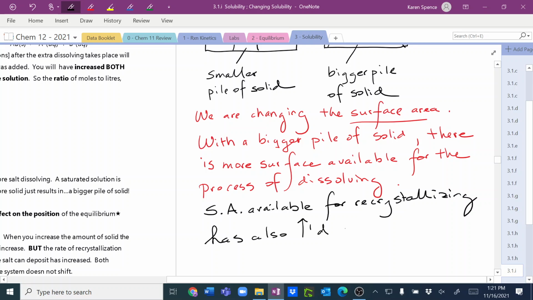So what happens to both rates? The rate of dissolving and the rate of recrystallization? They both increase.